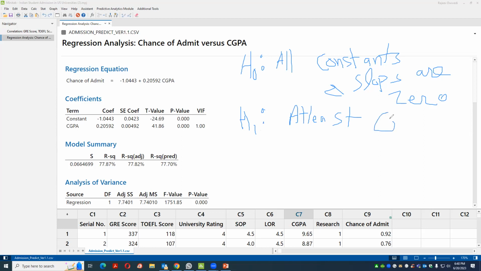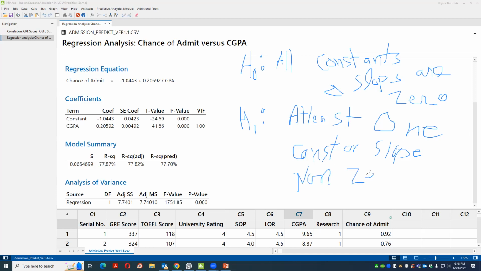At least one constant or slope is non-zero. Please pay attention.